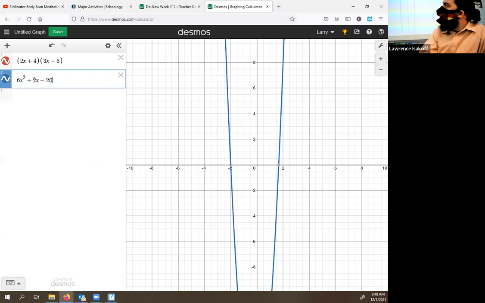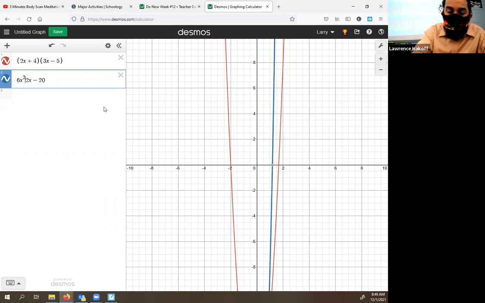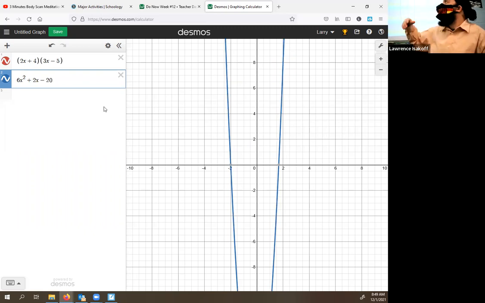If I had accidentally put this as a -2, notice how these graphs don't quite line up? That tells me I did something wrong. That's essentially what's going to happen on your do now starting tomorrow with Desmos.